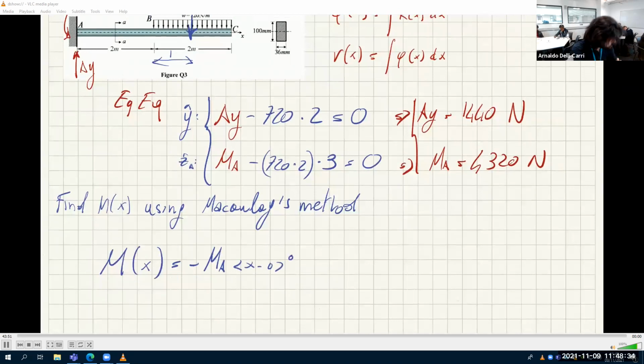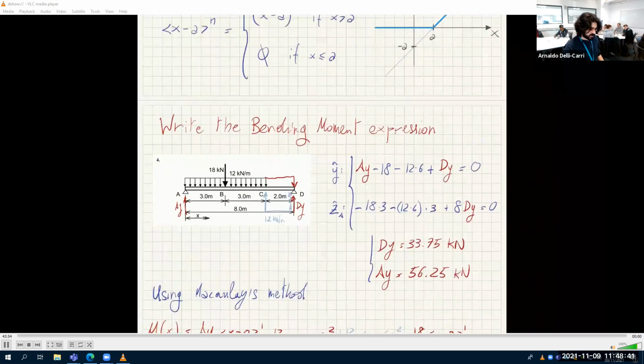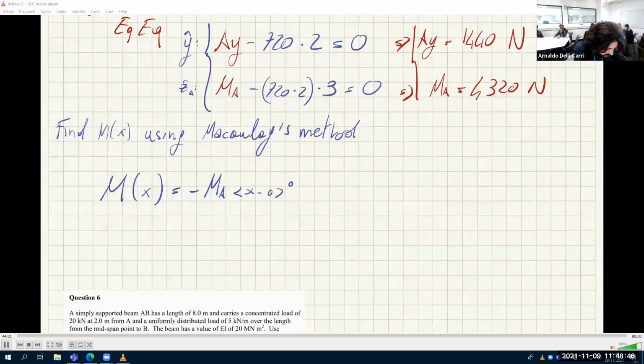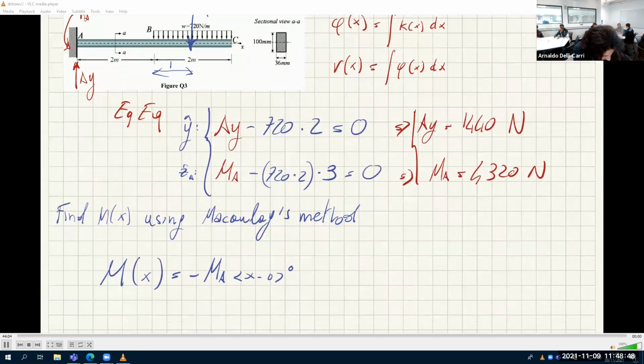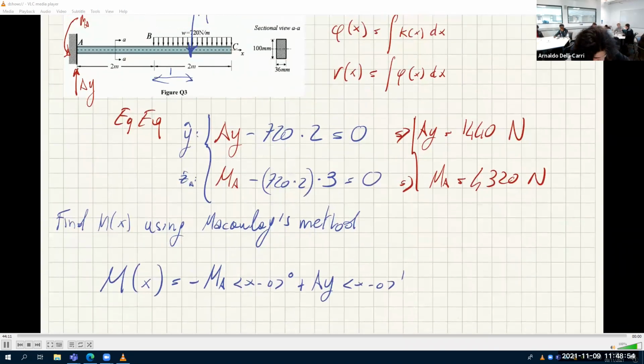Why are you taking clockwise? Because that's what the table says, that's your convention. Yes. Then plus AY, x minus 0 to the power of 1. And then minus 720 divided by 2, x minus 2 to the power of 2. There you go, done. We don't need anything else because that's what it is.